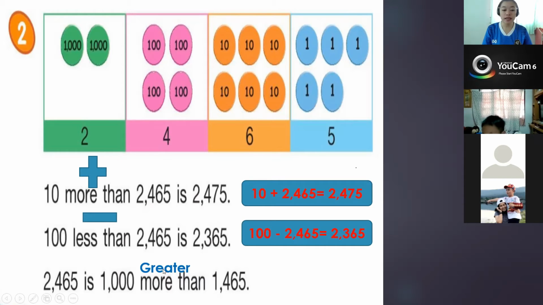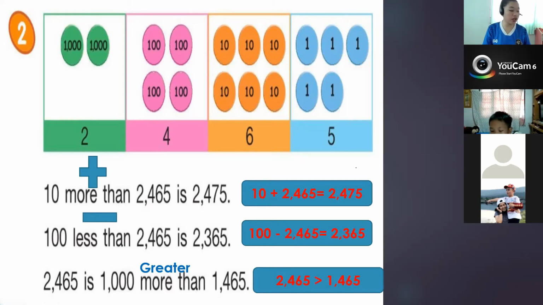It means it is bigger. So we have the statement 2,465 is greater than 1,465. Okay, so this is on page 18.